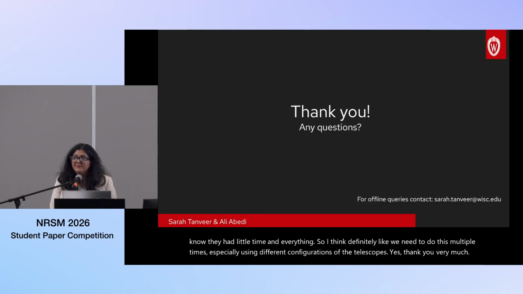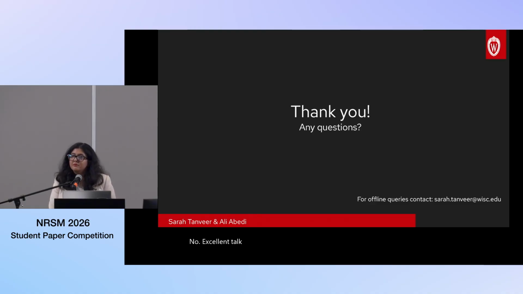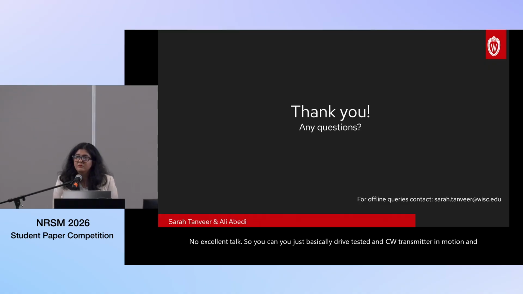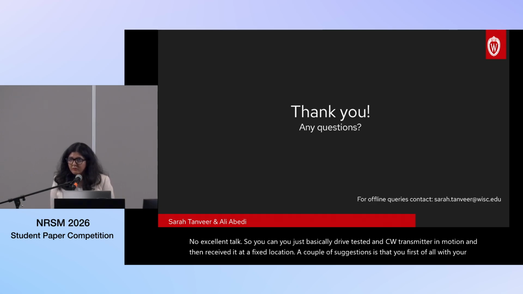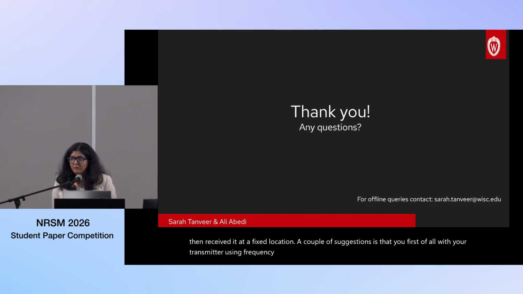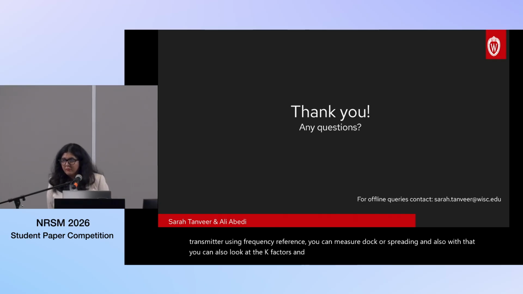Excellent talk. So you basically drive tested a CW transmitter in motion and then received it at a fixed location. Yes. A couple of suggestions: first of all, with your transmitter, use a frequency reference. You can measure Doppler spreading, and with that, you can also look at the K factors and things of your radio channel. CW is a very powerful measurement technique.